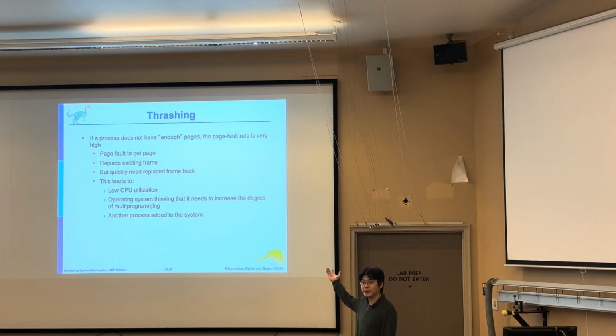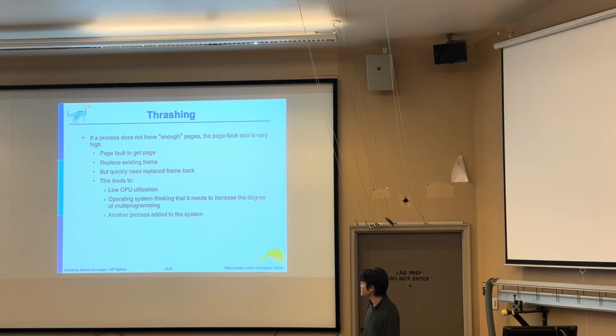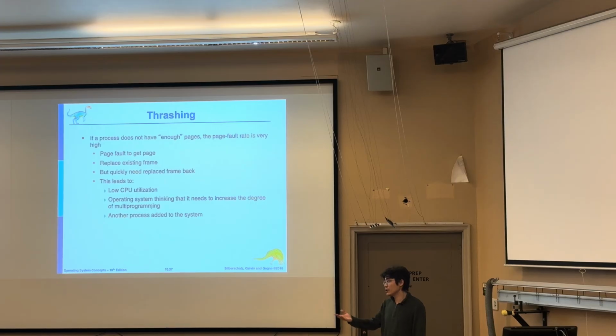Anyone want to try to explain, right? What is the other scenario that could also have low CPU utilization and make the OS think that it needs to increase the multi-programming? Yes, high I/O usage. High I/O usage with a small number of processes.